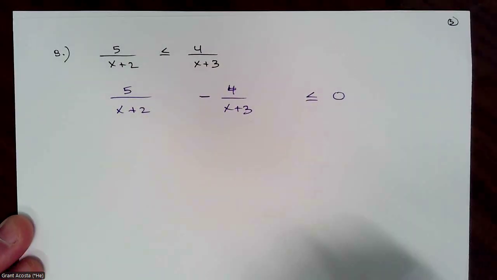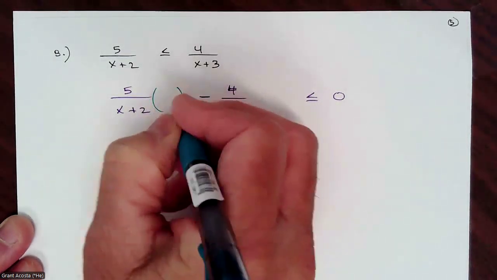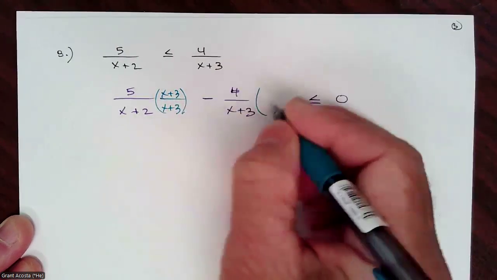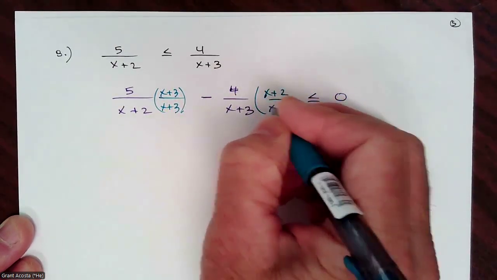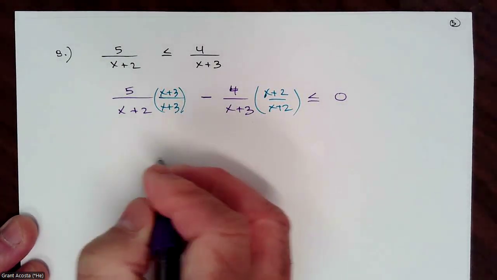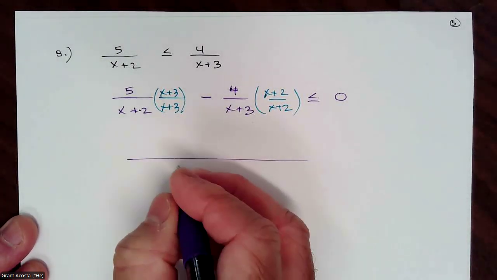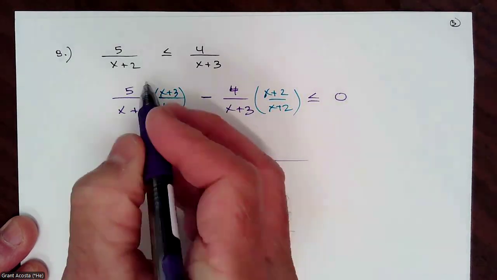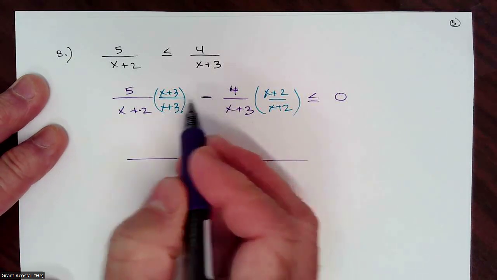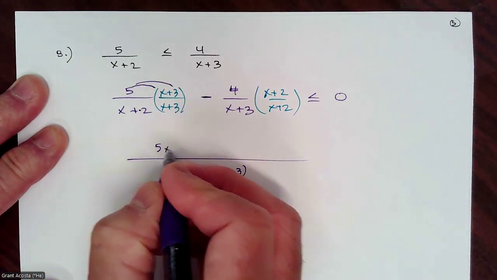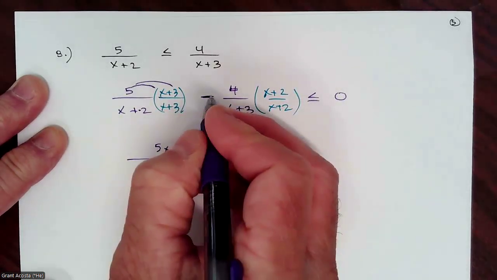And yeah, unfortunately, we're going to have to do a common denominator. So this one top and bottom by x plus 3. This one top and bottom by x plus 2. Same denominator, so we'll have x plus 2, x plus 3. I'm going to have 5 times x plus 3, so that's 5x plus 15, and we're going to have -4.